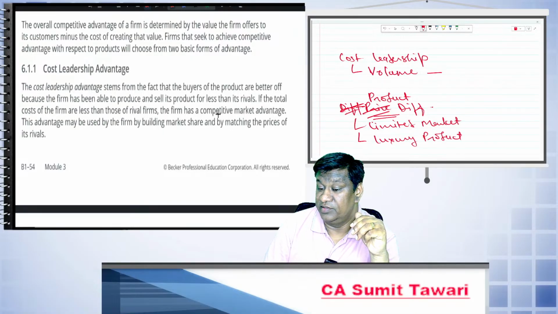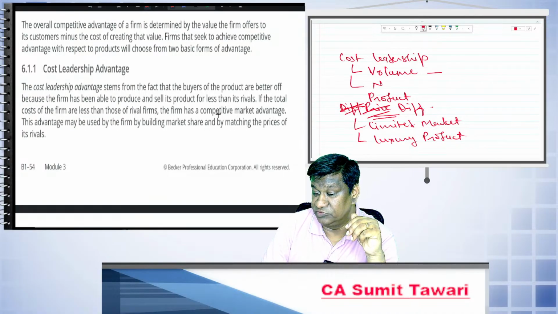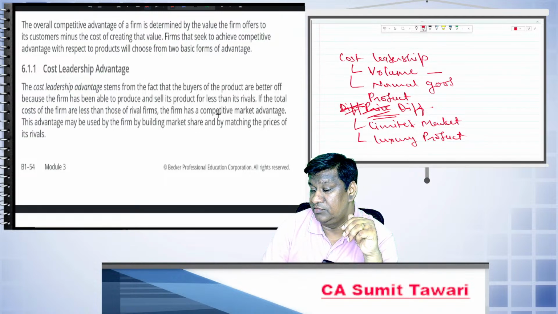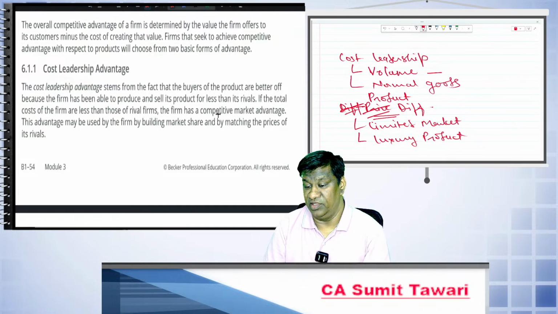Volume and the normal goods, I can say, where you need to maintain the cost leadership.